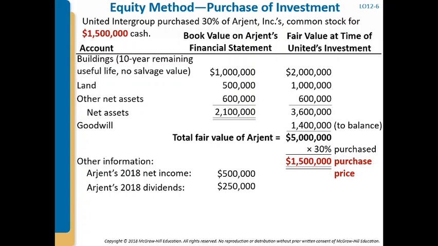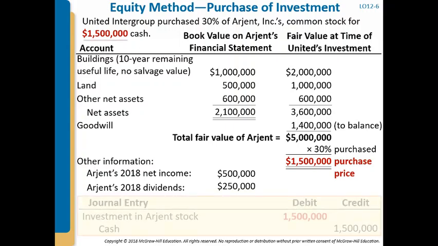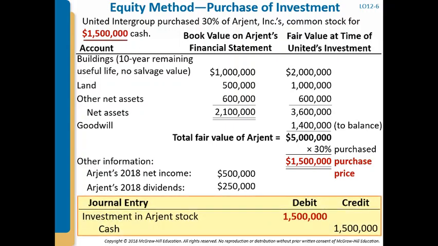Some other information that we'll use: Argent's 2018 net income is $500,000. Argent's 2018 dividends are $250,000. All right, so as far as the initial journal entry, pretty much the same as what you saw before. Debit investment in Argent stock, credit cash.